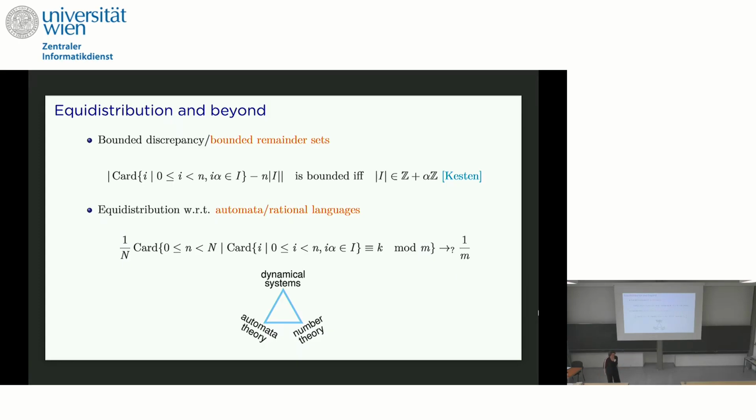There are a lot of nice theorems on this. Kesten proved, for instance, that an interval is a bounded remainder set if its length is in alpha Z plus Z. And then you can ask how small the discrepancy can be. Still in the flavor of the results on abelian complexity, it's very interesting to have a small constant balance.